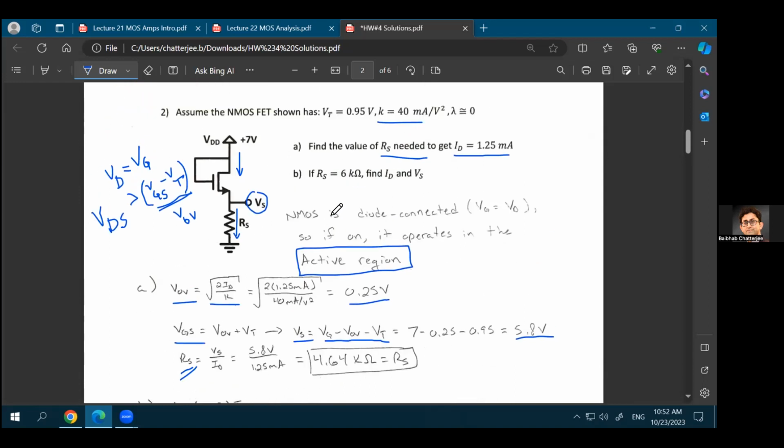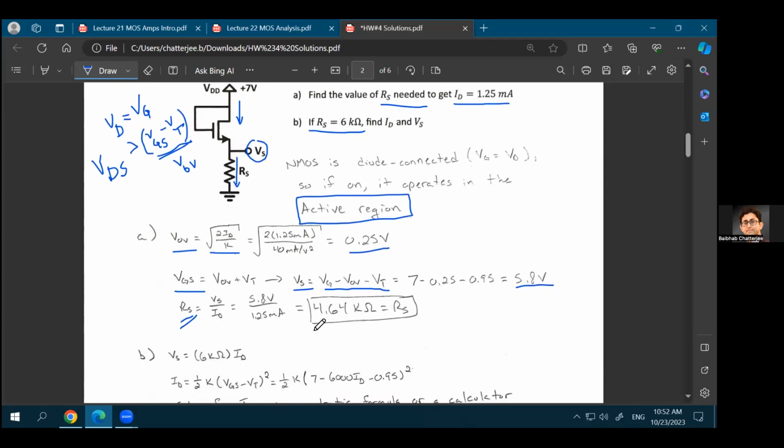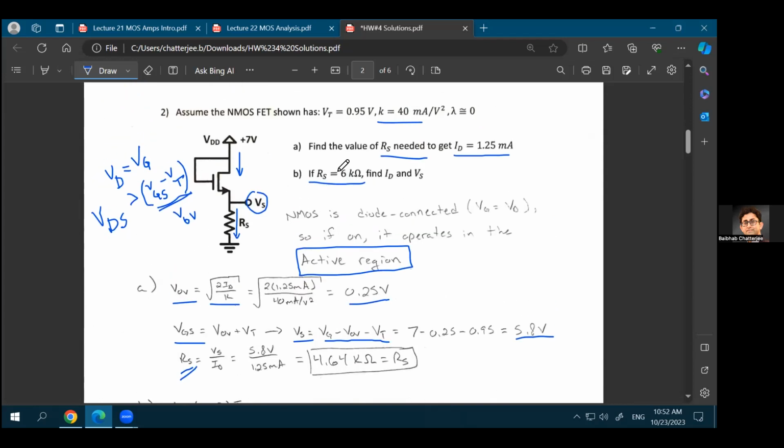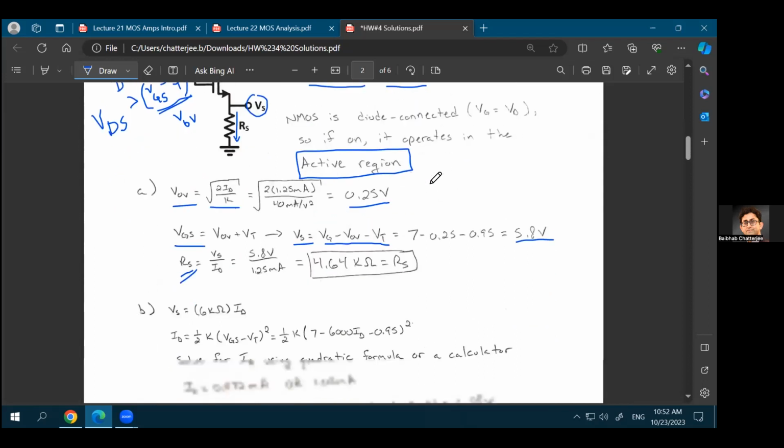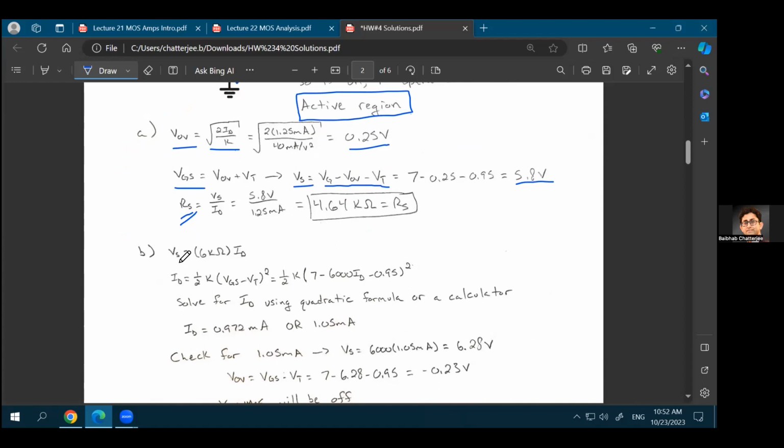All right. The second part of the question asks that if RS is equal to 6 kilo ohms, so instead of RS being this 4.64 kilo ohms, if RS is equal to 6 kilo ohms, you need to find out what would be ID and what would be your VS. So in this case, you can write down VS to be equal to 6 kilo ohm, that is RS times ID. Correct?